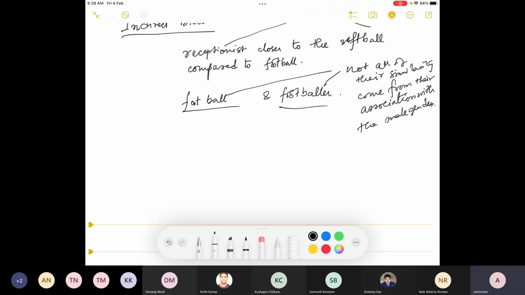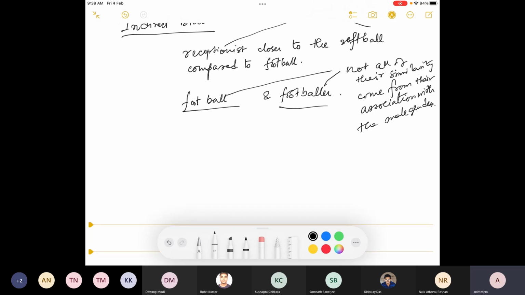So then it would be nice to quantify how much of their similarity comes from the association with the male gender. Can we somehow quantify that?